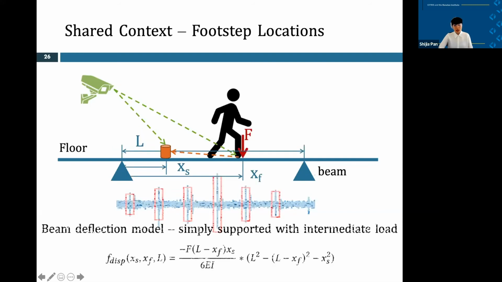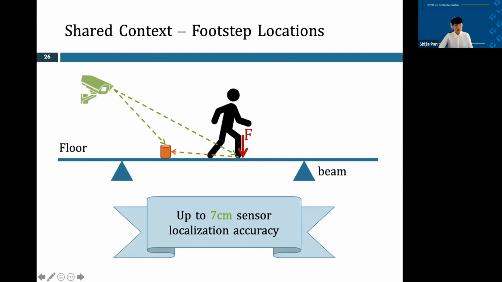So we rely on the physical models of the structure, which have been well explored in the mechanical engineering domain already, to ensure that the estimation and the association of the relative location of the sensor and the footstep are accurate. Due to time limit, I'm not going to explain the technical detail here, but long story short, we can get up to 7 centimeter sensor location accuracy by taking the physical model of the structure into account.